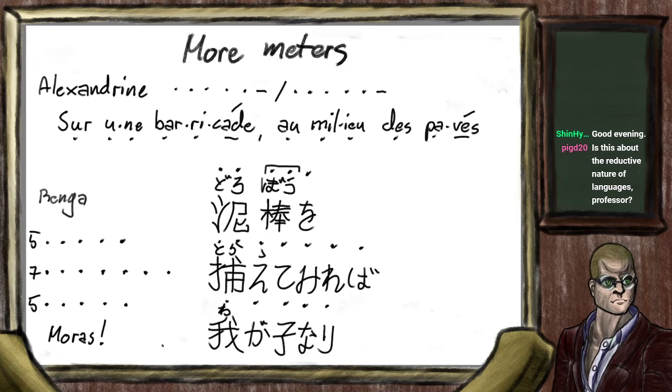This is an easy mistake to make because a huge amount of Japanese syllables are in fact monomoraic, so they only have a short vowel within them. Very few syllables have syllable-final consonants.